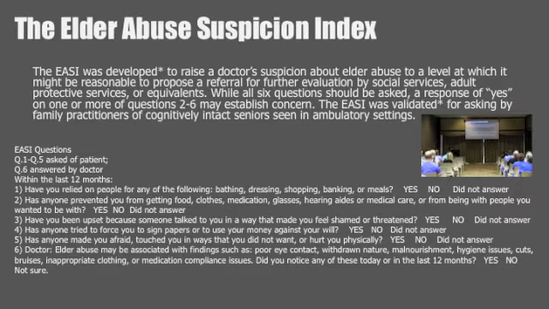The other tool that has been used by some facilities is the Elder Abuse Suspicion Index. This was actually developed to raise a doctor's suspicions about elder abuse to a level that might be reasonable to propose a little bit more investigation. So these are some of the questions that may be asked. Have you relied on people for any of the following? Bathing, dressing, shopping, banking, or meals?